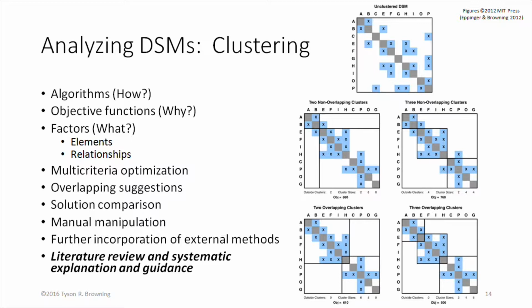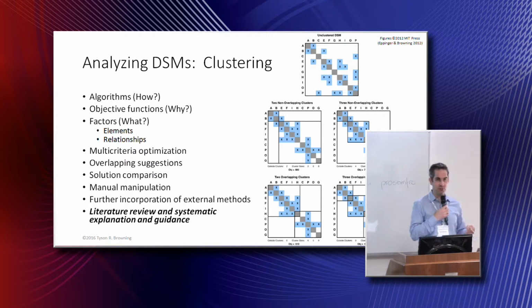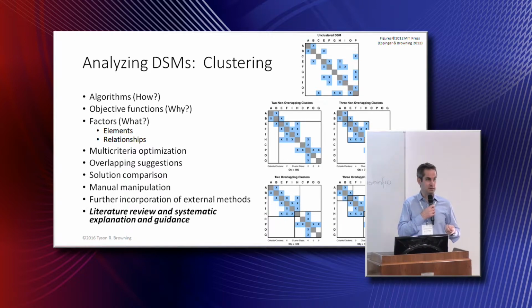A lot of this depends on what factors you've included in the model. So basic clustering, you've just got binary elements with a yes-no relationship among them. But what if the relationships have different strengths, different degrees?